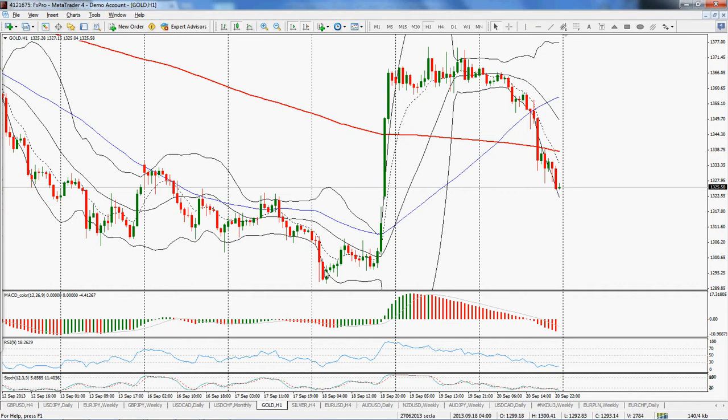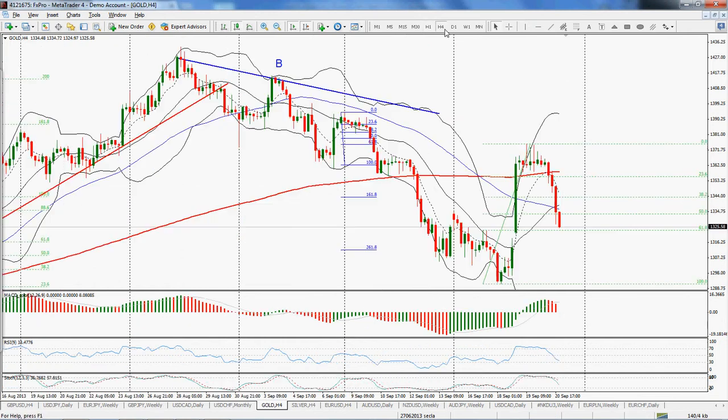Actually, it's 1, 2, that's the third. It's A, B, and C most probably. So that's the fourth. Yeah, it's stronger because the fourth wave typically ends up somewhere here. So it's a little bit stronger, deeper correction.